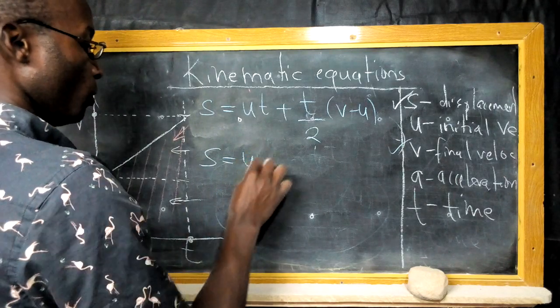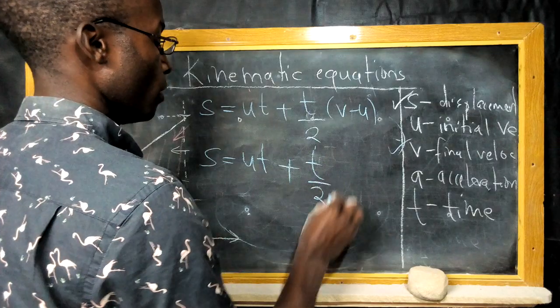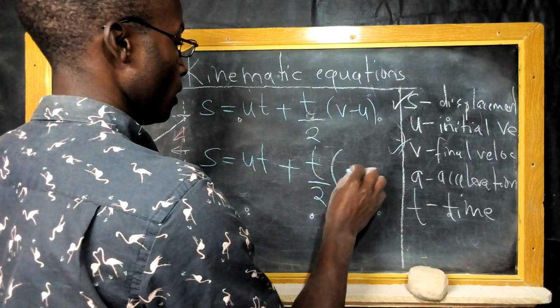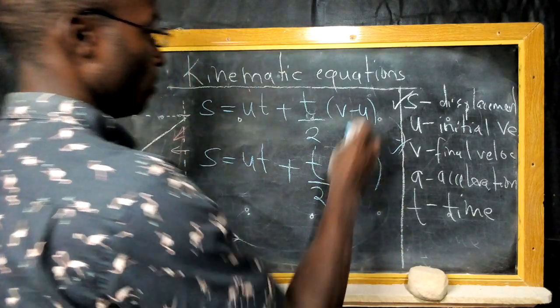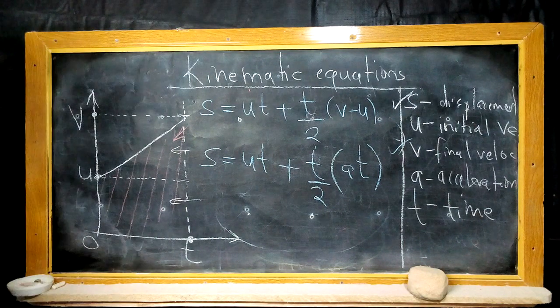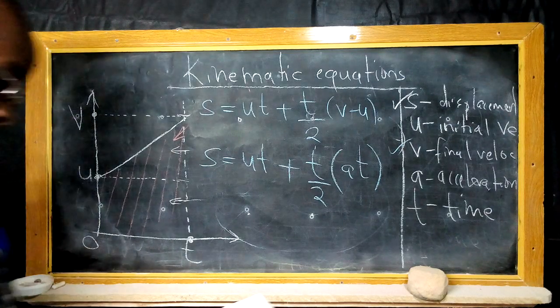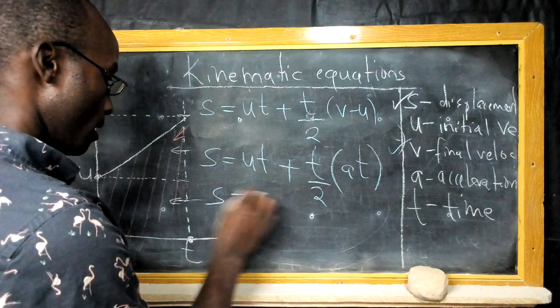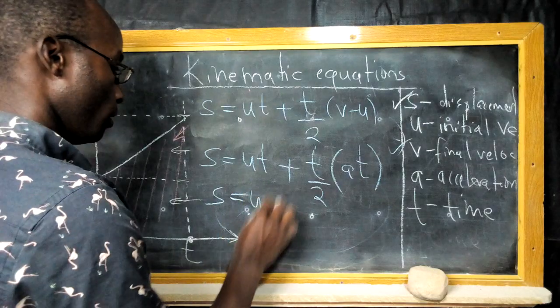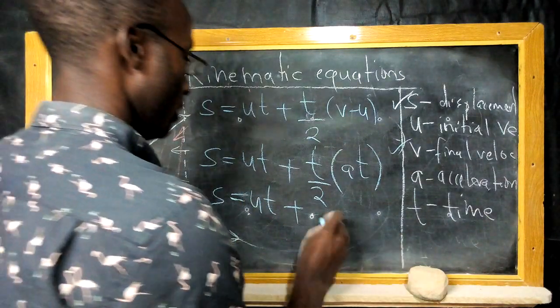Displacement is equal to ut plus t over 2 into at. So we have substituted this for at from our second equation. Let's see, this will give us an equation of this kind, which is s is equal to ut plus a half at squared.